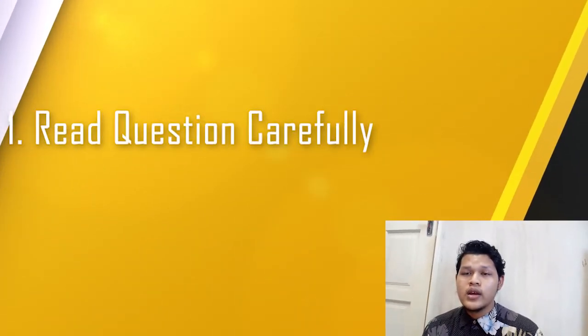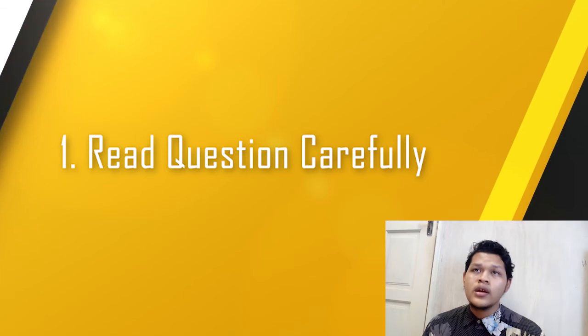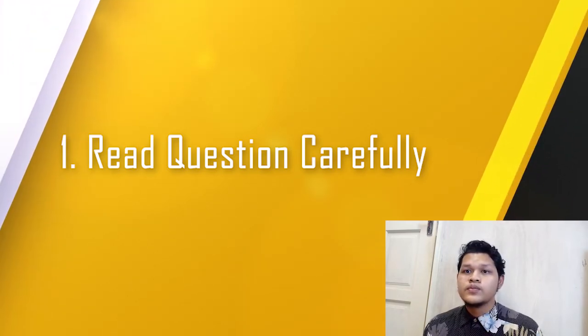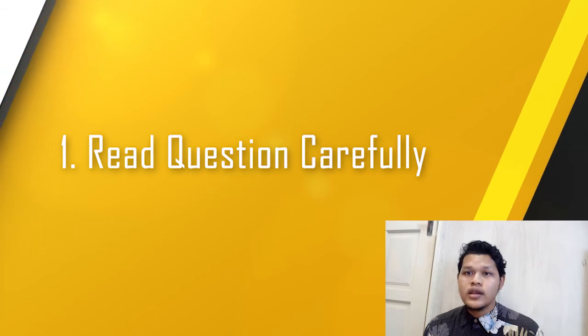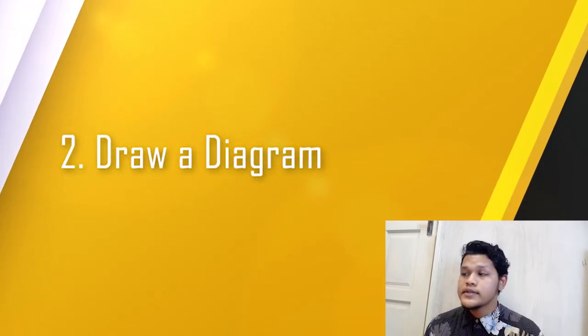And next, before we end our video today, I would like to give you some strategies to solve related rates problems. The first one is to read the problem carefully so you won't miss any important things that we need to answer the questions. Second, draw a diagram so you have a better understanding.